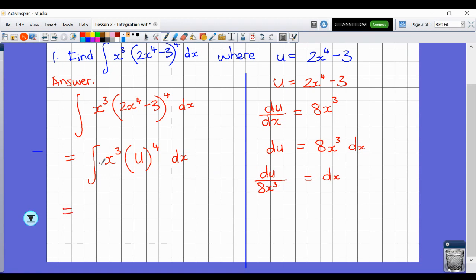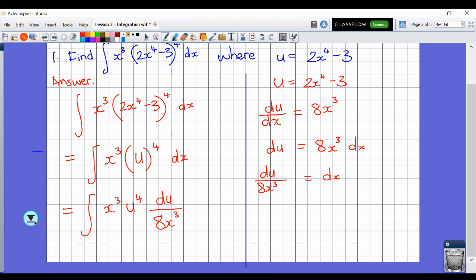So over here, we're keeping everything the same, but I'm swapping my dx for that. Okay, so I want to get rid of all the x's, essentially. Just going to get rid of the brackets here. Okay, so dx is now going to become du over 8x cubed.